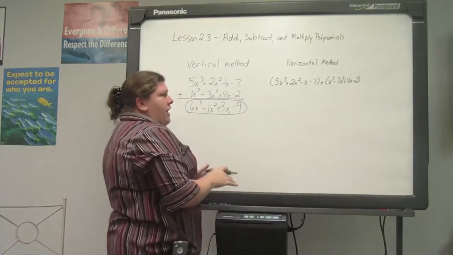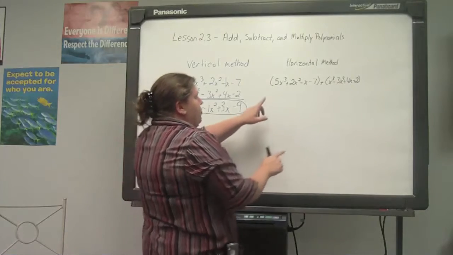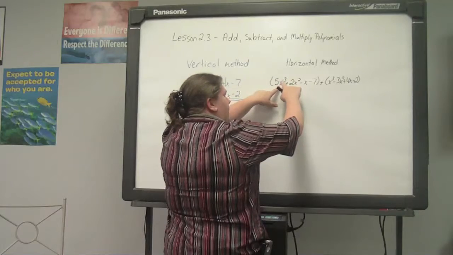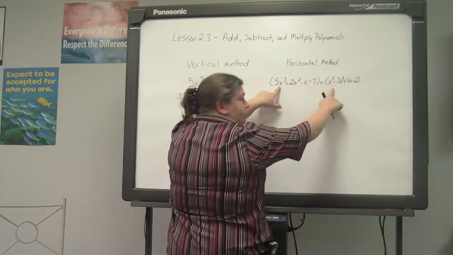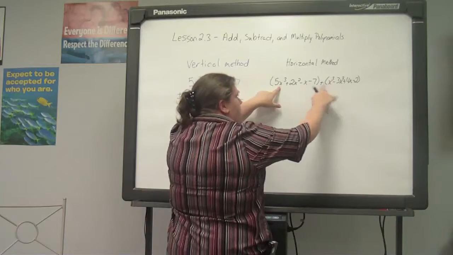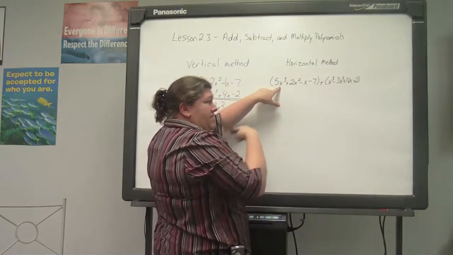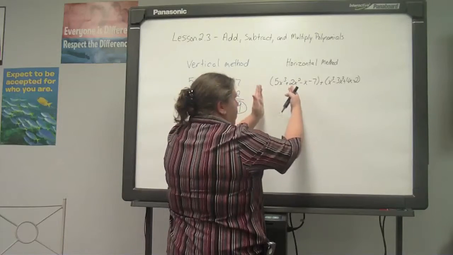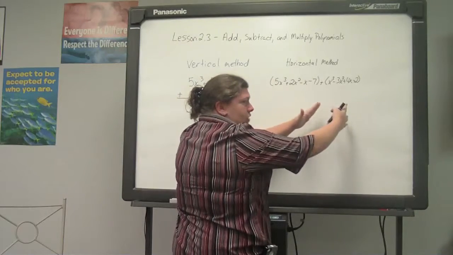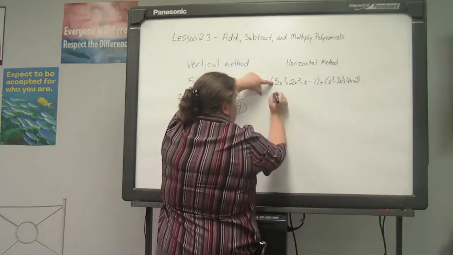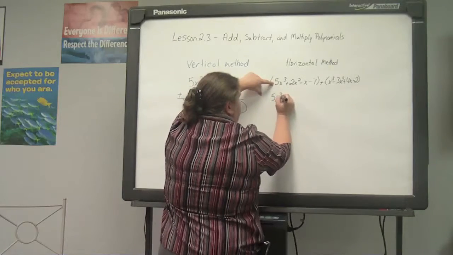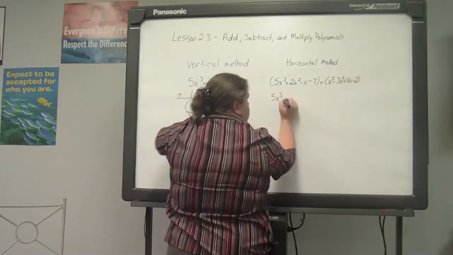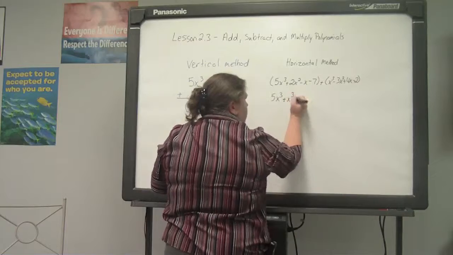In the horizontal method, you're going to combine like terms, and you're going to look, is there an x cubed in both parentheses? If so, I put them side by side because I rewrite it so I can see what's in common right next to each other. So I'm going to say 5x cubed, and I'm going to look over here and see that I have a positive x cubed.